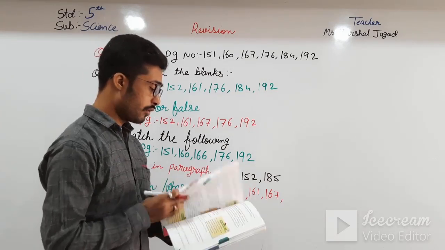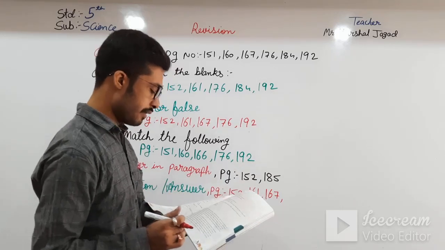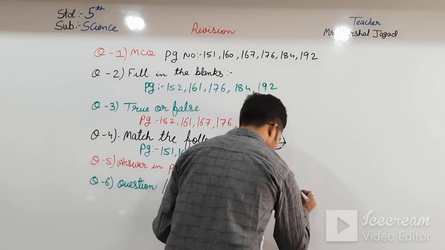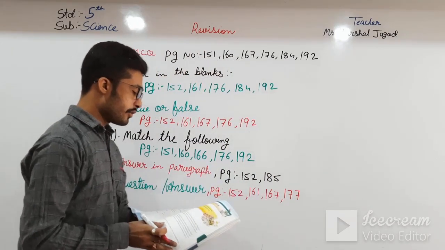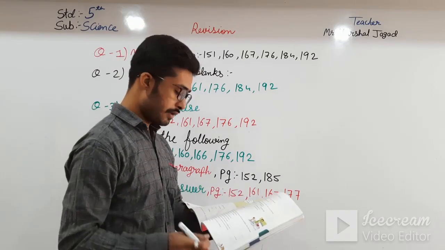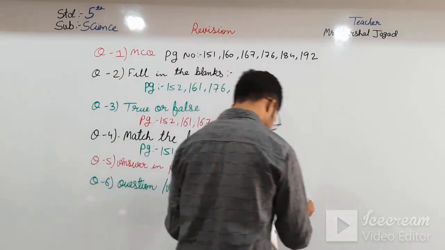Okay students, moving forward, lesson number 4, it is on page number 177. Okay, and lesson number 5, it is question number 3, that is page number 185.